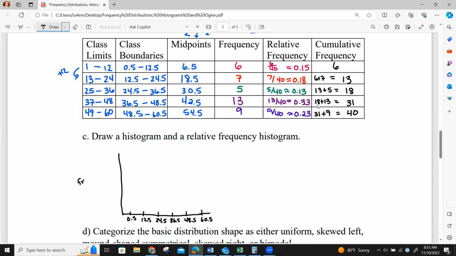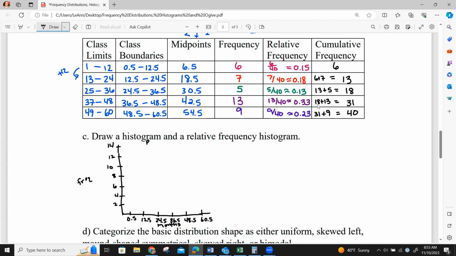So this is going to be my frequencies. So say 2, 4, 6, 8, 10, 12, 14. Our graph should have a title. So this is months down here, since the other part's frequencies.